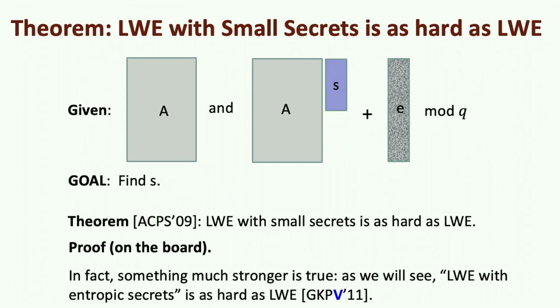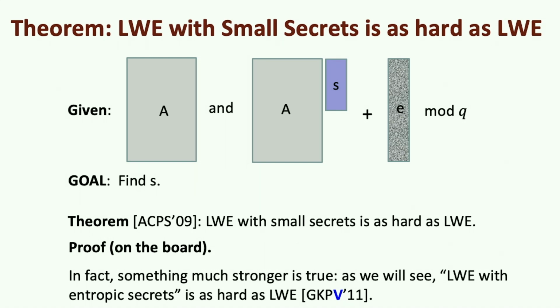In fact, something much stronger is true. You can muck around with the secret distribution any way you want. Choose a secret from any distribution. The coordinates don't have to be IID. It could be an arbitrary distribution. And it turns out to be hard, essentially, as long as the distribution has sufficient min entropy. That's sort of the best you can hope for.